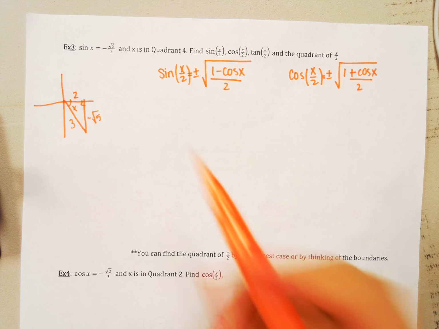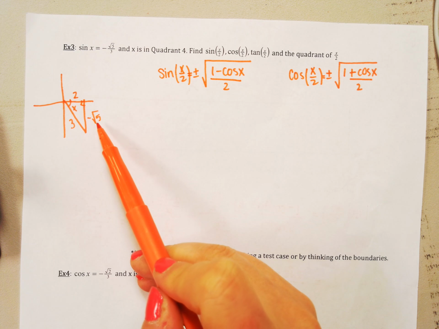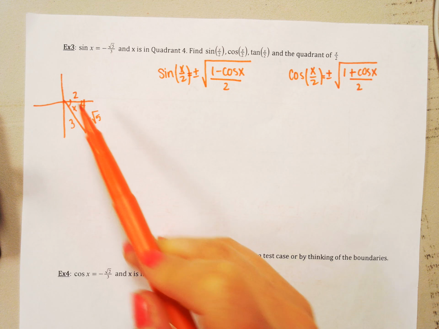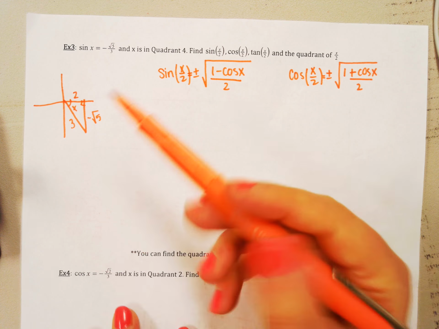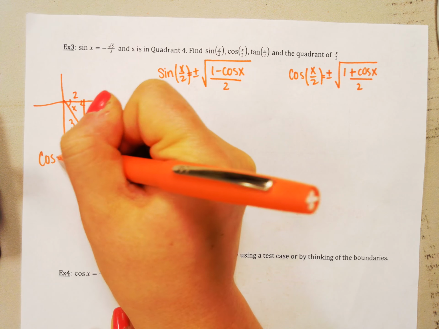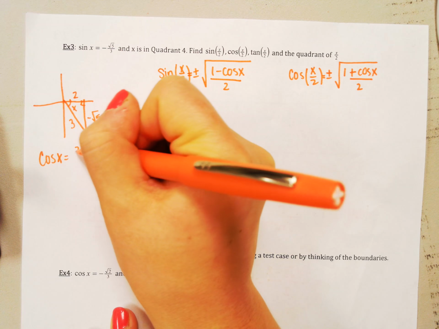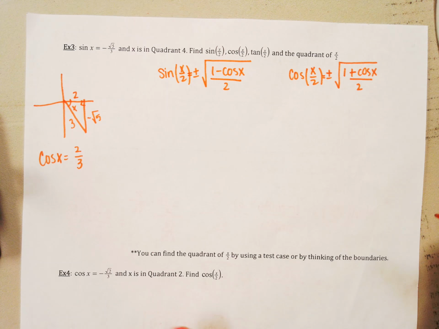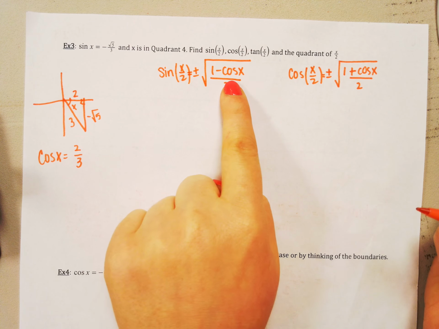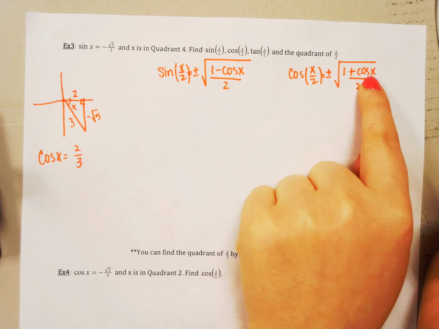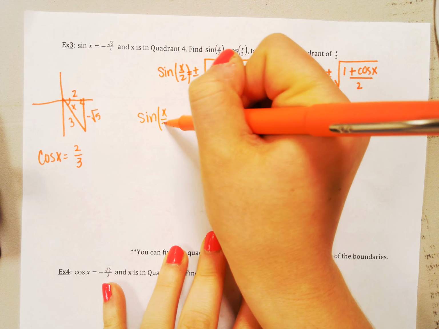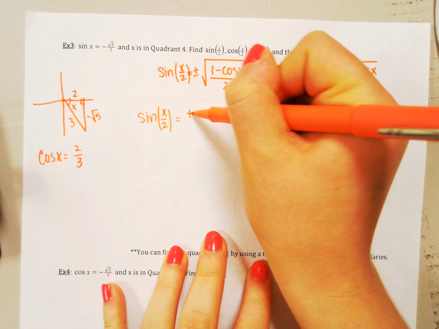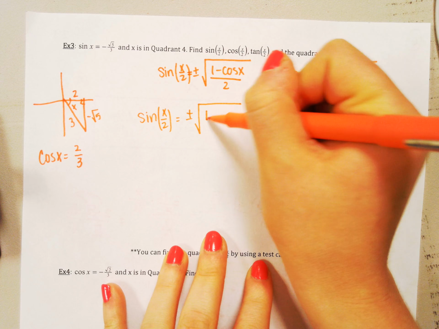And you can double check: 2 squared is 4, square root of 5 squared is 5, 4 and 5 is 9, which is 3 squared. So we're good. So our cosine of x is going to be 2 over 3. And that's helpful because that's what I need here. I need 2 over 3 and I need 2 over 3. So I can use that to come up with at least part of my half angle.